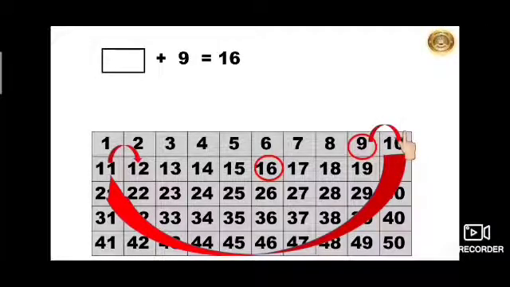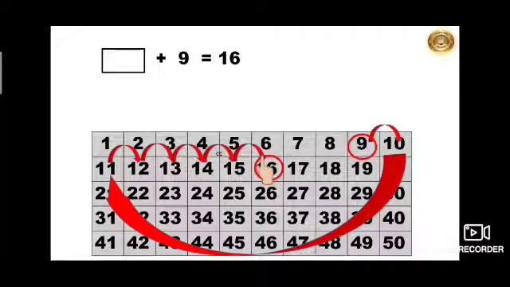1, after 10 it will be 11, means 2 steps. Here 3, 4, 5, 6, 7.